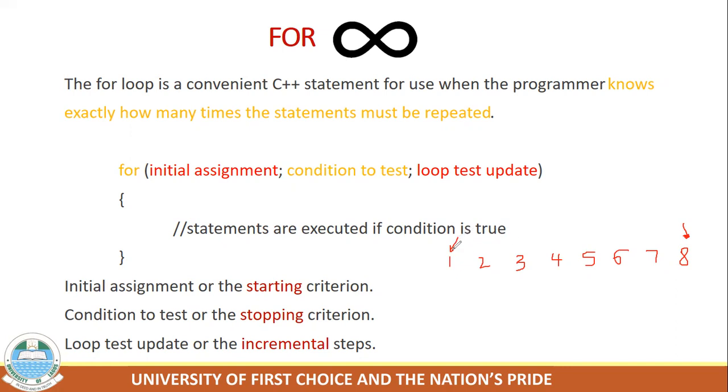If it were 2 steps, so 1, you jump to 3, you jump to 5, you jump to 7. So you can't jump anymore. Why? Because you're stopping at 8. So this is where you stop, right? So for the first statement, you always have an initial assignment, or what I call the starting criterion, the stopping criterion, and the incremental step. All right. So that's how you use your first statement.